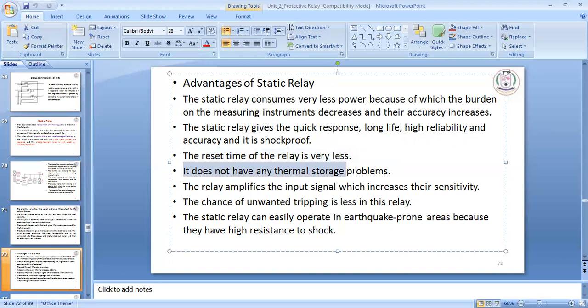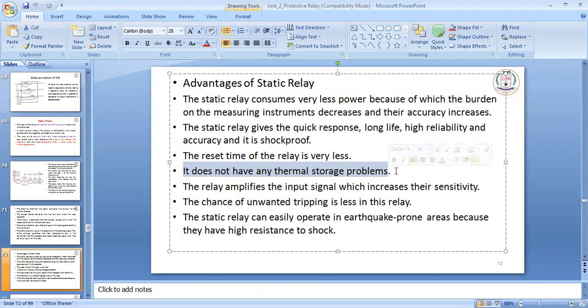It does not have any thermal storage problem. Why? Because these are very small components with a small operation, just on and off. But when you go for an electromagnetic relay, more current will flow to produce sufficient flux. If current flows, there will automatically be a temperature rise.